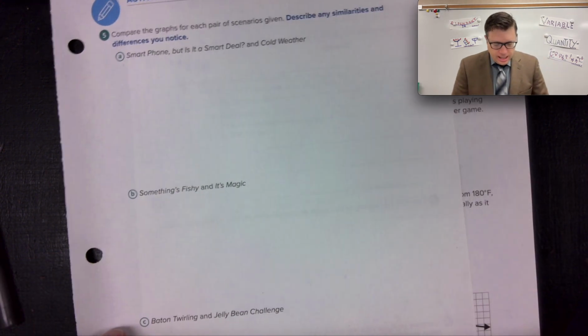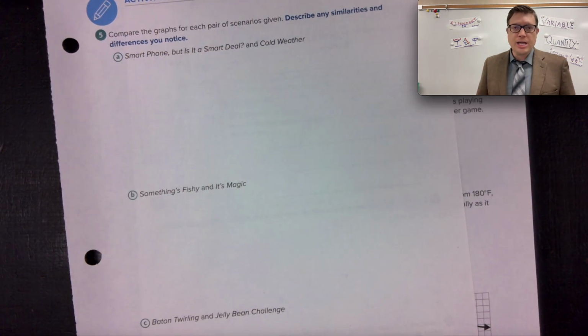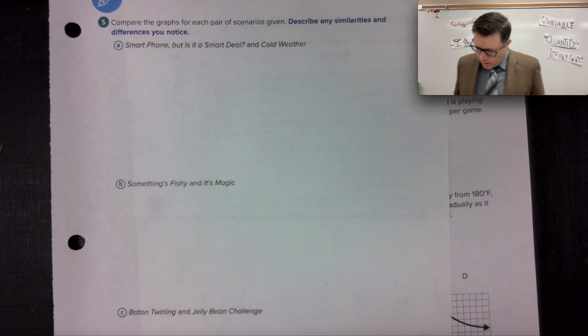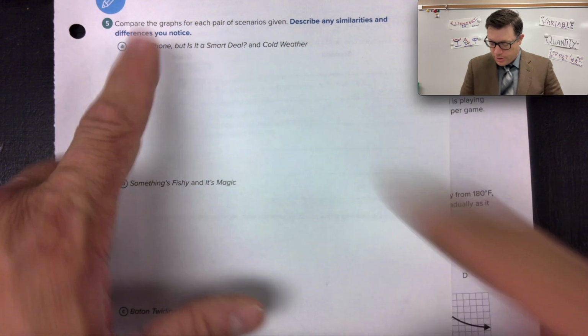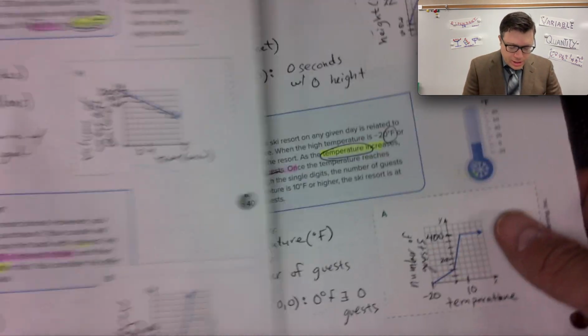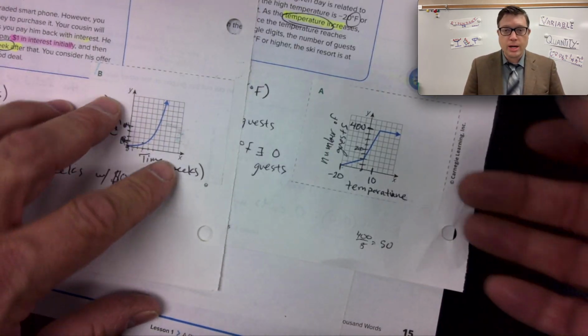So here we have, compare the graphs for each of the scenarios given. Our first two scenarios we're going to consider are the smartphone and cold weather, which were on page 6 and page 8. We really just need the graphs from smartphone and cold weather, and we're going to analyze them.